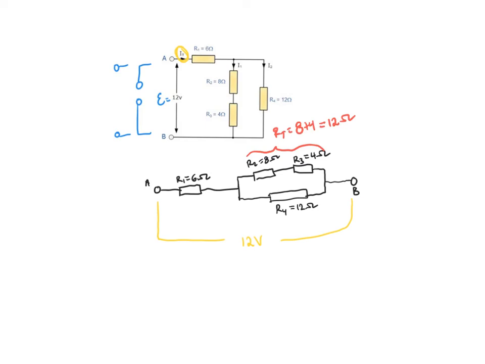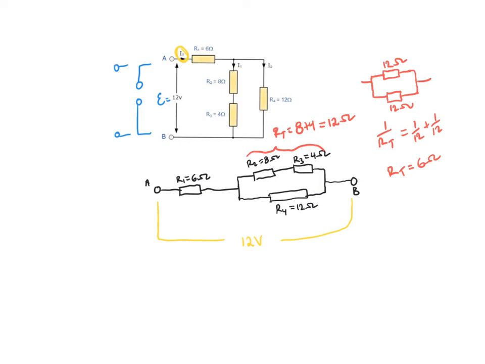And then I have 12 ohms in parallel with 12 ohms. So in other words, I'm left with this. So that will give me a total of 6 ohms.